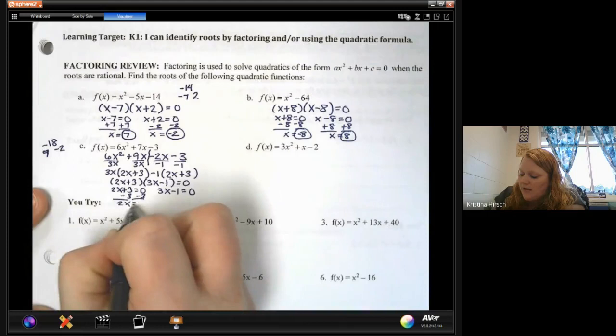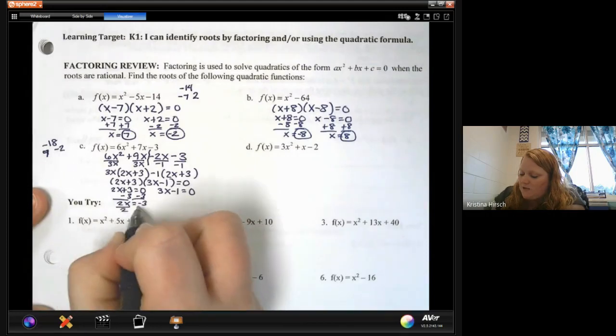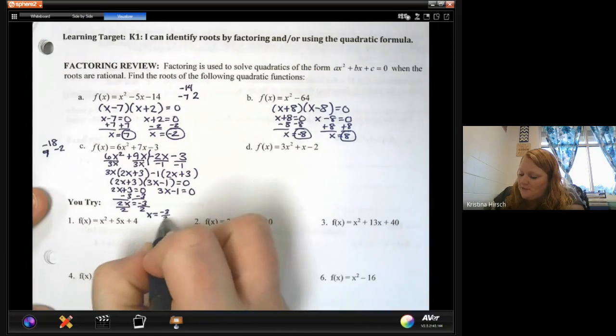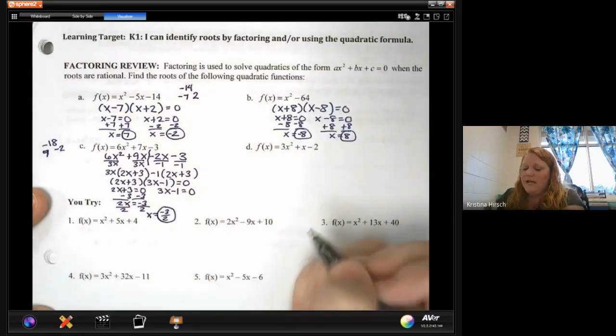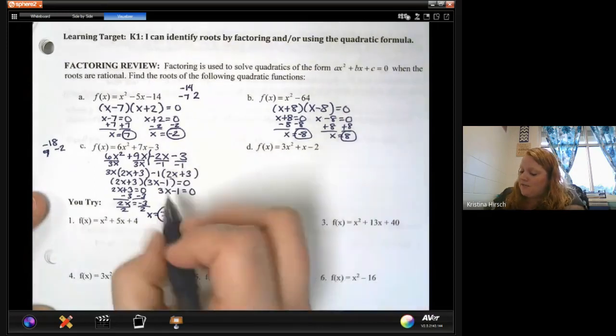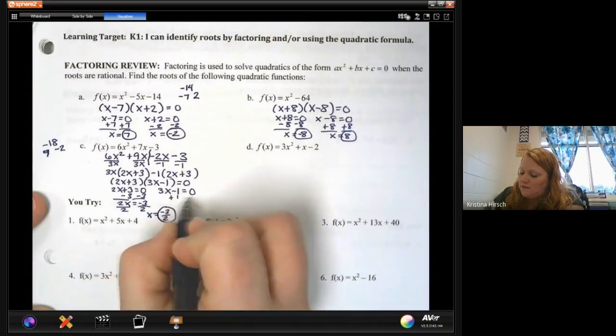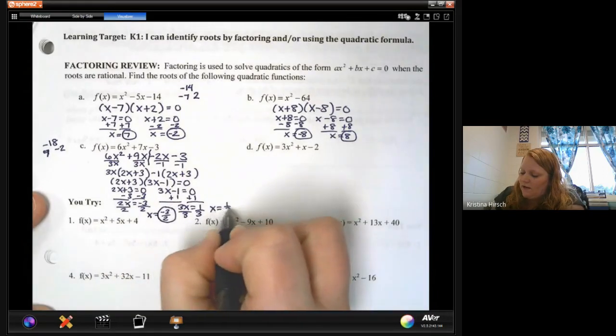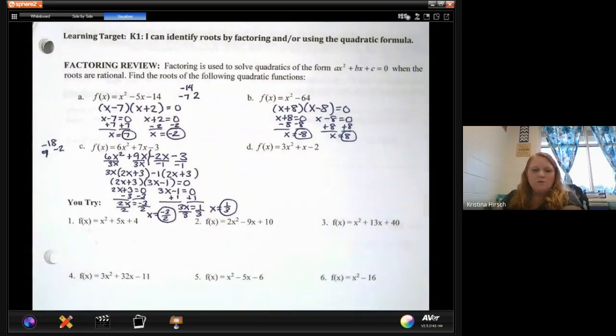So 2x equals negative 3, divide by 2, and we get negative 3/2. So one of our solutions is negative 3/2 or negative 1.5. All right, for the second one, we're adding 1 to both sides. So 3x equals 1, divide by 3, and x is equal to 1/3. All right, so two solutions there.